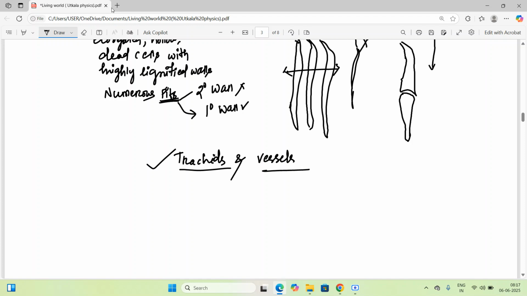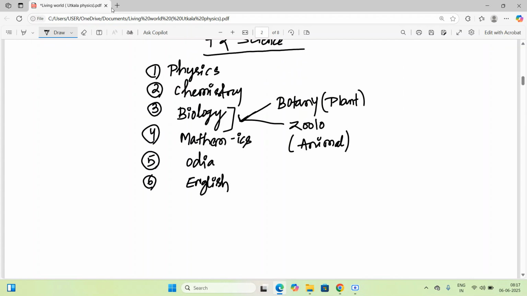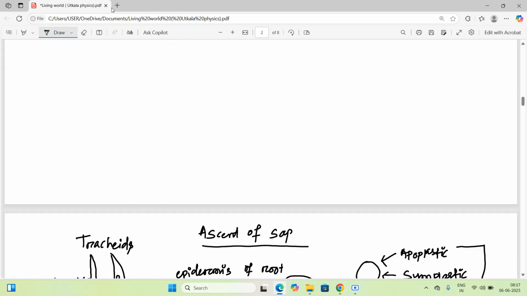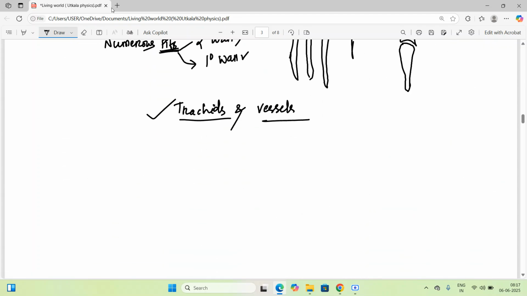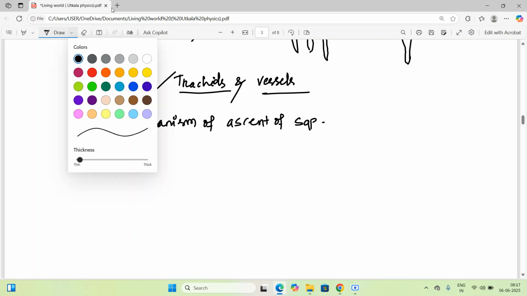What is the mechanism of the ascent of sap?